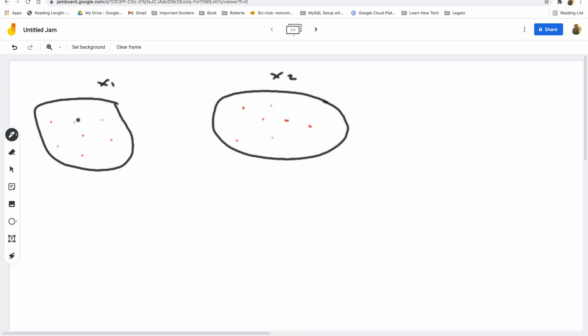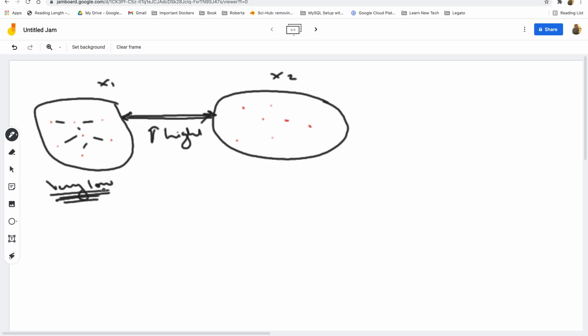The distance between the clusters x1 and x2 should be very high, while the distance between the instances present in each cluster, the distance between these two points and all these, should be very low. Fisher score tells us in one specific score how high this distance is and how low this distance is.